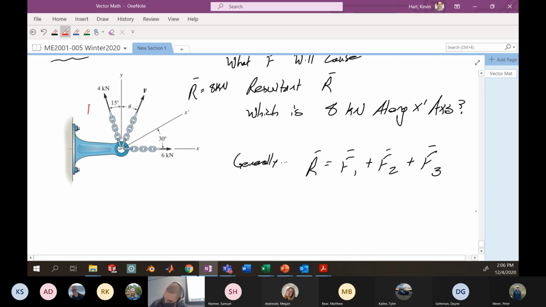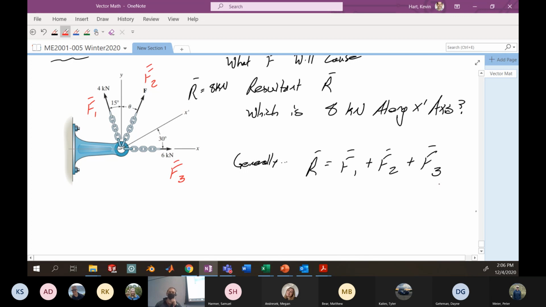Let's call this force on the left here force number 1. We'll call this force here force number 2, and this force here force number 3. So our resultant is going to be a combination of those 3 added together.